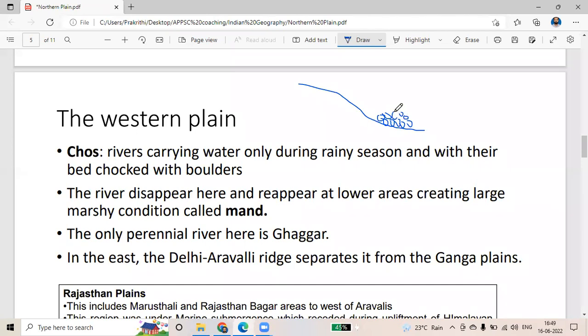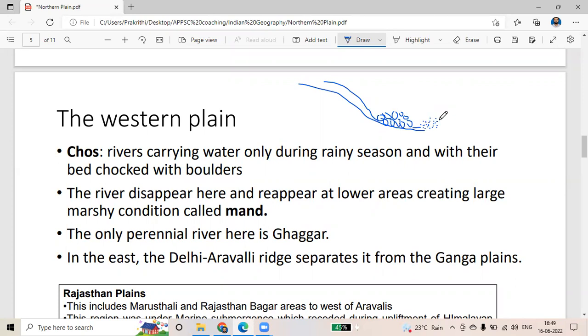And during the other times, after the rainy season, the water is less, so it will come here and disappear at this point and re-emerge at some other point, making marshy land, because it is filtered completely and only tiny particles reach this place, and there is deposition of clay.